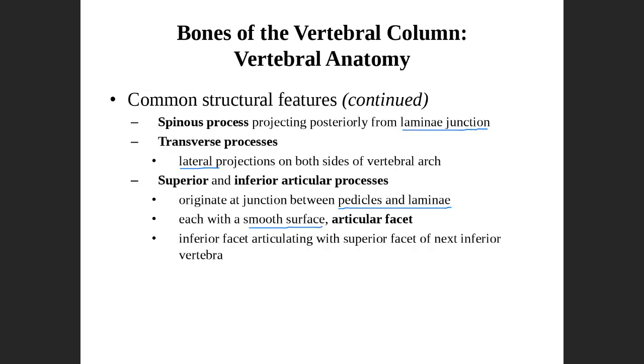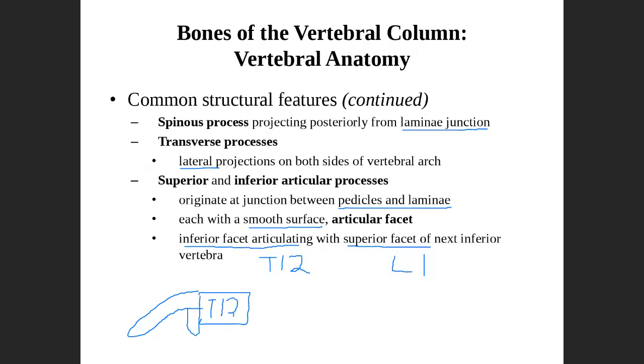So what you'll say is, let's say the inferior facet of T12 is going to articulate with the superior facet of L1. Because doesn't L1 sit below T12? Right? Okay, so here's T12. This is a horrible drawing. But here's the inferior facet off of T12.